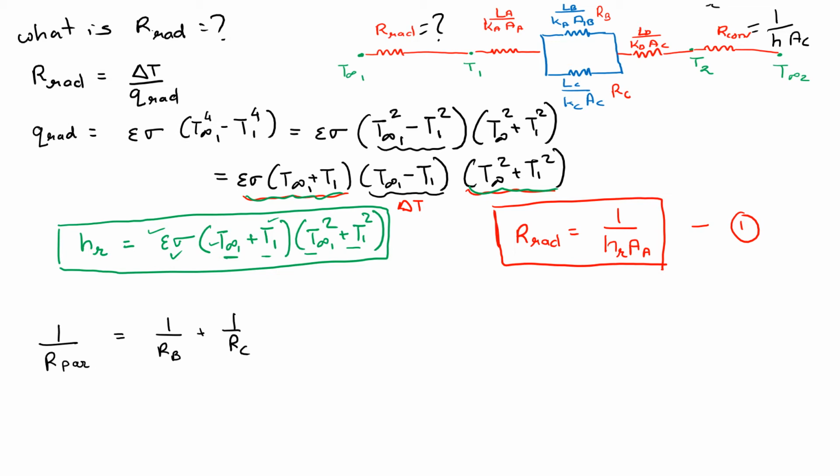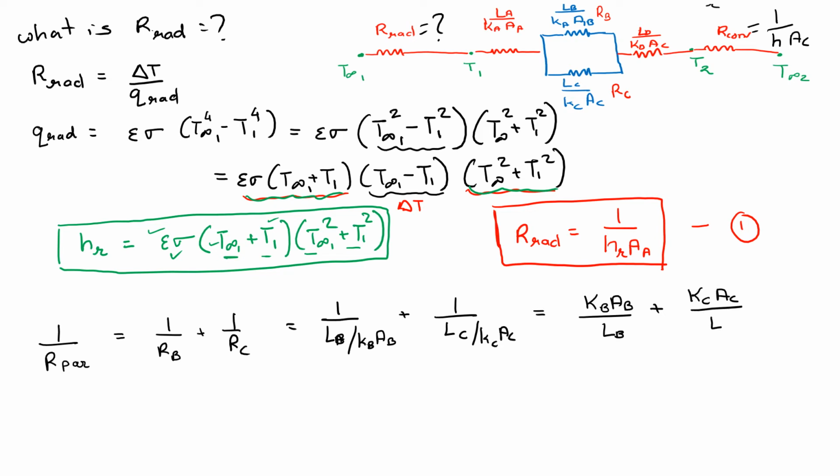You write 1 upon equivalent resistance equals 1 upon resistance 1 plus 1 upon resistance 2, in this case B and C. Let's substitute the values here: it will be LB upon KB into AB, plus 1 upon LC divided by KC AC, or let's write this down as KB AB upon LB plus KC AC upon LC.